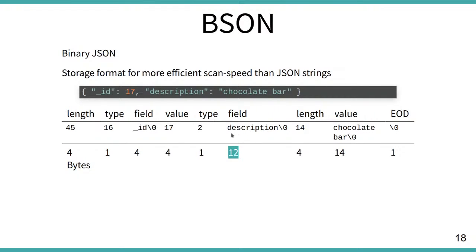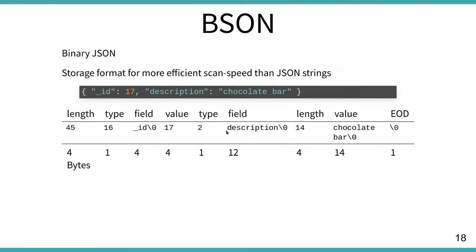And let's say we search for the price of chocolate bars and we see, oh, here's an ID. Then we can again skip 4 bytes, because we know that the ID is an integer. Integers are 4 bytes long, so we don't need to read this value 17 here, because that's not something we need. We can skip the next 4 bytes. Okay, 4 bytes is not much, but we can skip them.